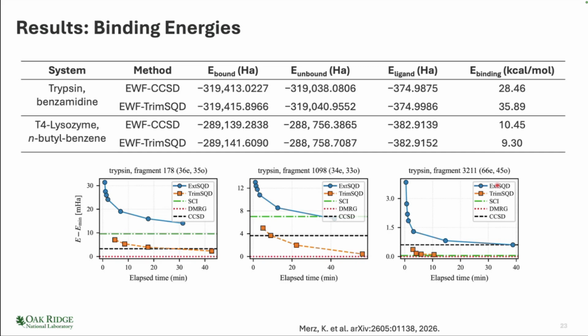But the promise is that if you could go to maybe twice this size, you would start to be in an area where you see that breakdown of classical compute for these strongly correlated problems. Because I think DMRG has scaled up to roughly 100 electron and 100 orbital problems.